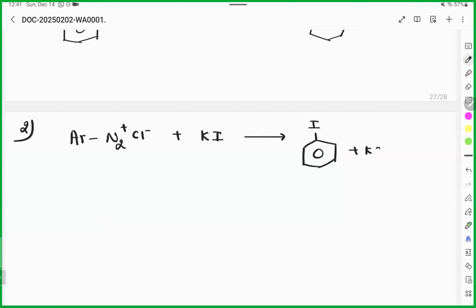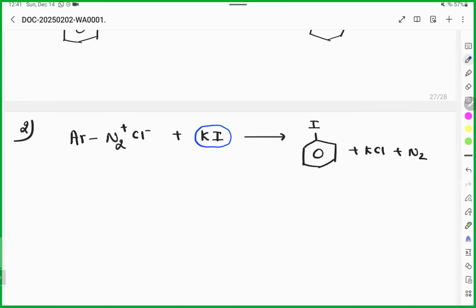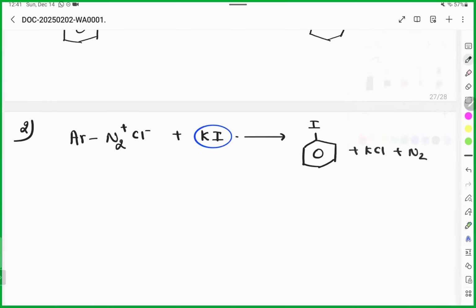How is that possible? Answer is high reactivity of iodine. Iodine can easily react in the presence of KI, highly reactive. It is highly reactive, so reaction is easy. You don't need any copper form. Understood?